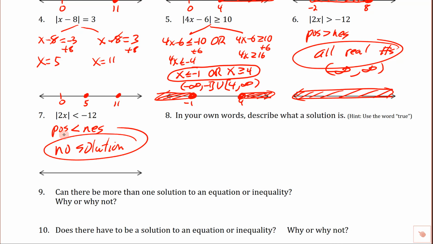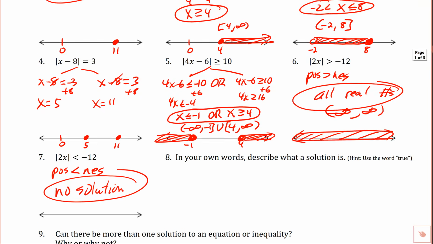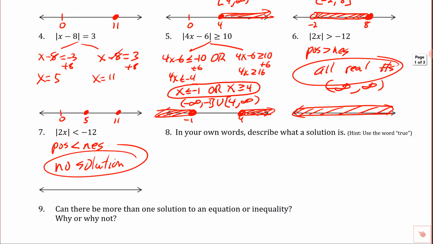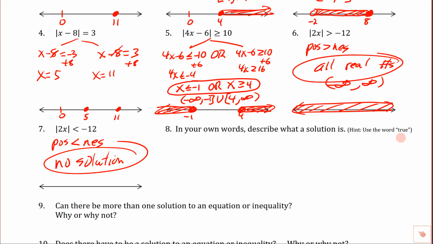Now, I'm hoping that everybody's got this in their mind at this point, because we've talked about this so many times, probably starting a few years back. What is a solution? Why are all of these numbers that we came up with and graphed on these number lines, why are all of those solutions to those equations or those inequalities? And a hint there is we use the word true.